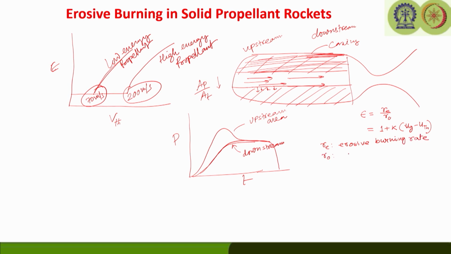R0 is the linear burn rate when there is no cross velocity, so the linear burning rate when Ug is equal to 0. K is some erosion coefficient, which is almost constant.